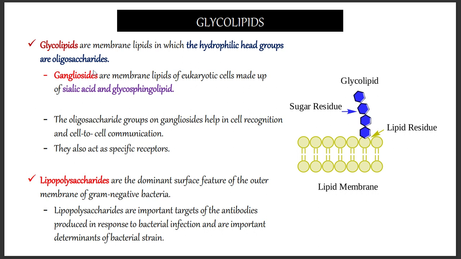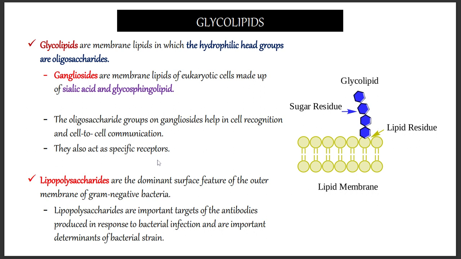Examples are gangliosides, which are membrane lipids made up of sialic acid and glycosphingolipid. Look at this glycolipid here: you have the lipid bilayer and then a sugar on top, so it forms a glycolipid altogether.